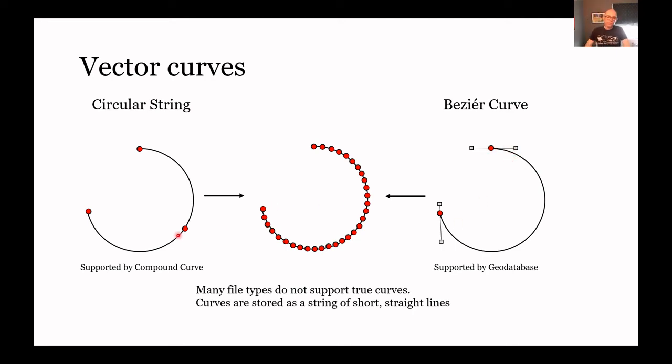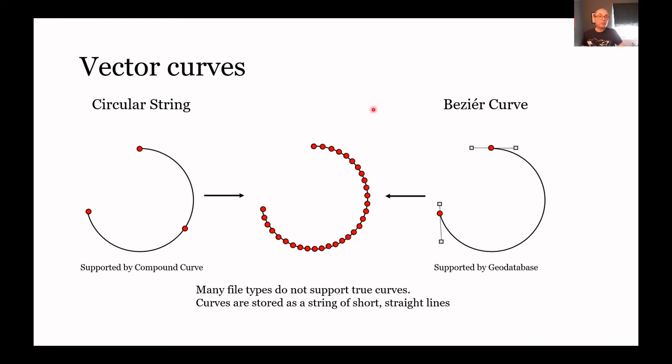These are relatively complex constructions, and many formats don't support them natively. You can draw using these methods, but then when you save the data, it all just gets compressed down into being a string of straight lines. This is typical for, say, the shape file. That doesn't handle either of these.